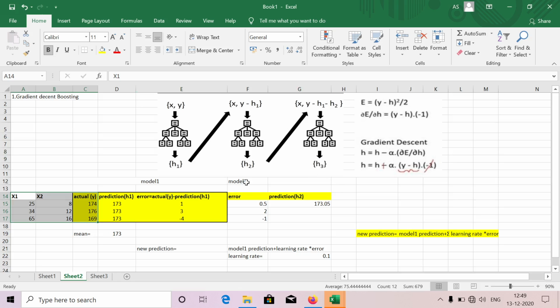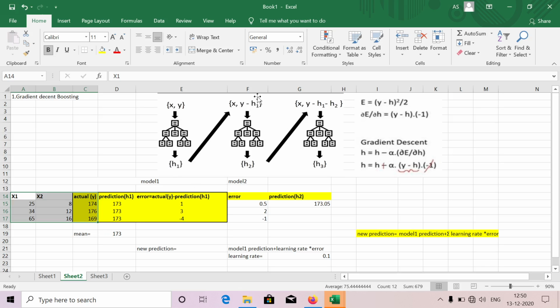Let's understand this first. In the first iteration I am passing the original data set, the independent data and the dependent data, and I will get the prediction. From the second decision tree onwards we need to pass the previous decision tree's error. Here actual minus h1, y minus h1, is my error.